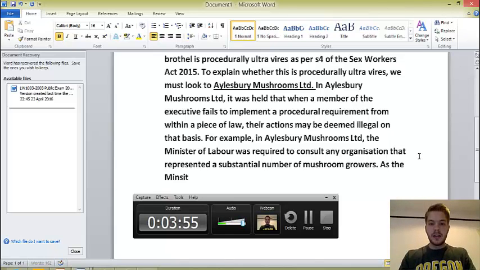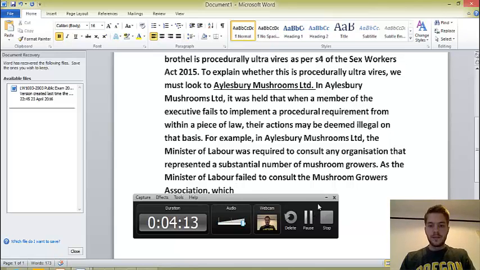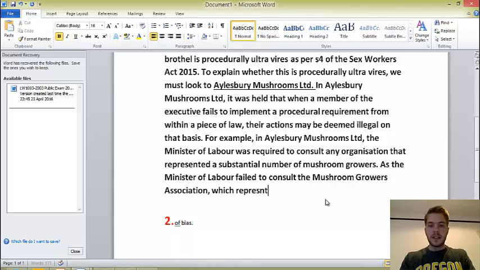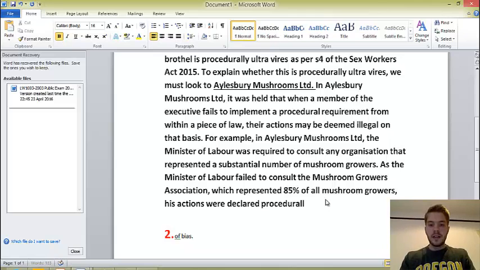As the Minister of Labour failed to consult the Mushroom Growers Association, which represented 85% of all mushroom growers, his actions were declared procedurally ultra vires.